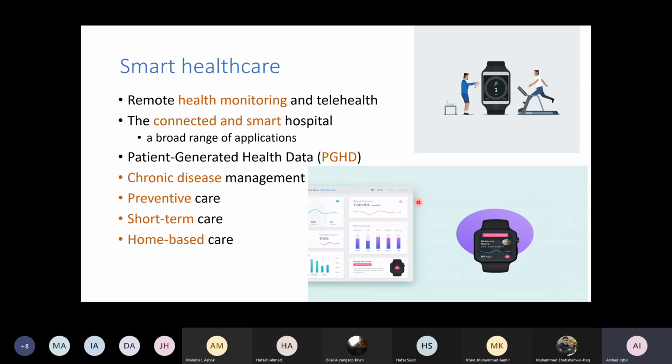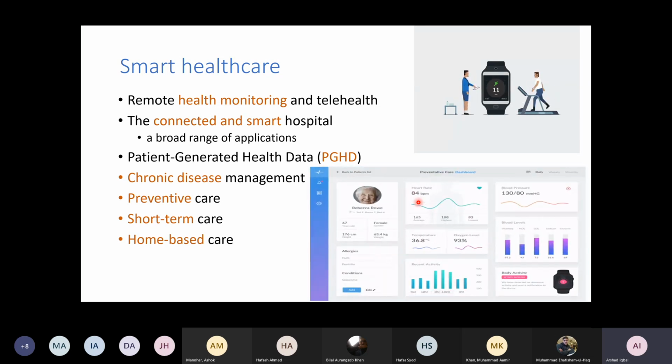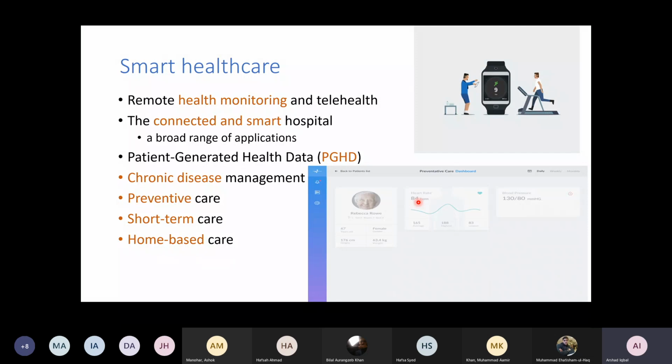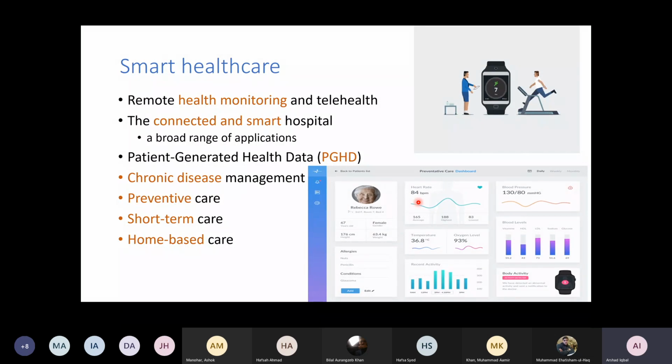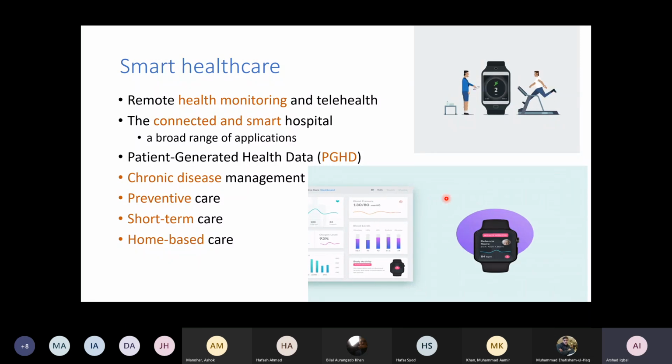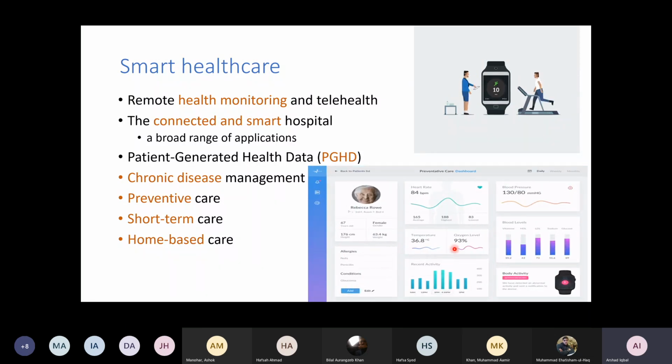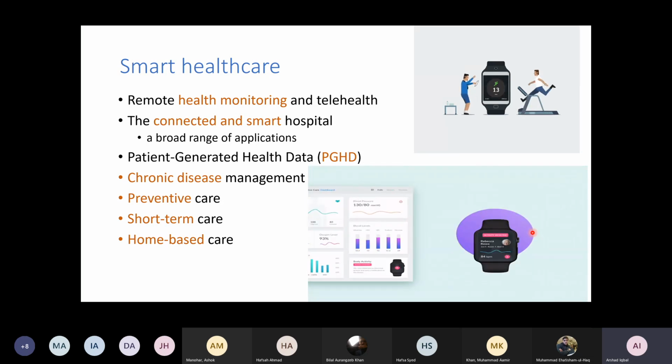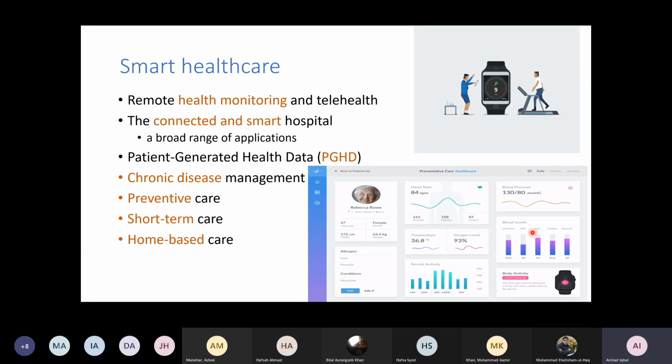In another graphic on the right down side, you could see a dashboard where the information of a patient is given. Rebecca Rowe, a patient name, has information of blood pressure, oxygen level, allergies, temperature, and heart rate. And the information is provided along with the previous information. And all these activities are monitored by wearable devices. So this is smart healthcare, an application of the Internet of Things.